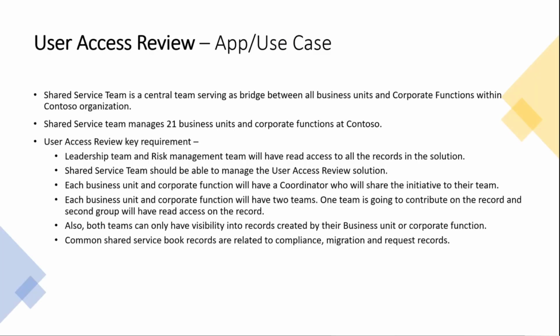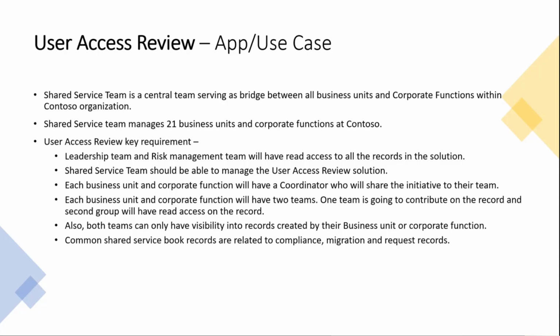So this is a user access review use case for one of our very large customers. The use case is all about a team that manages 21 business units or corporate functions for the company, and it has one compliance entity.